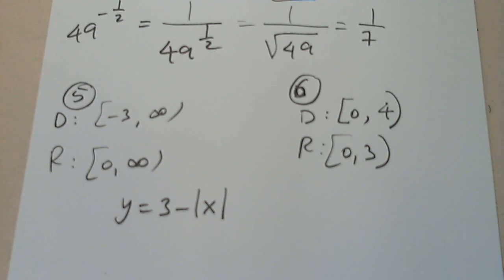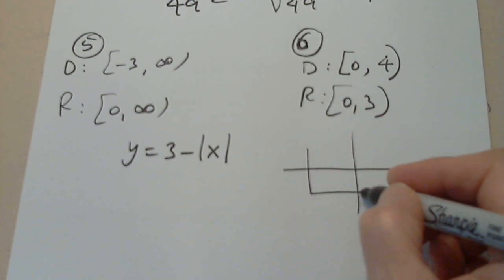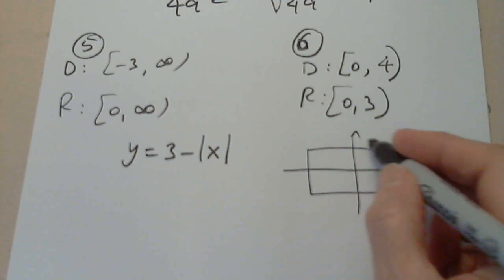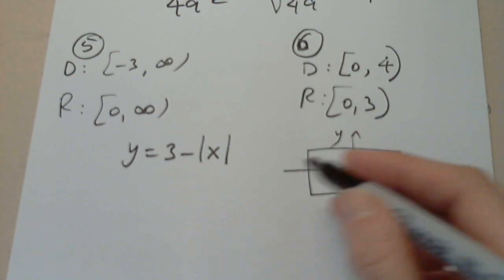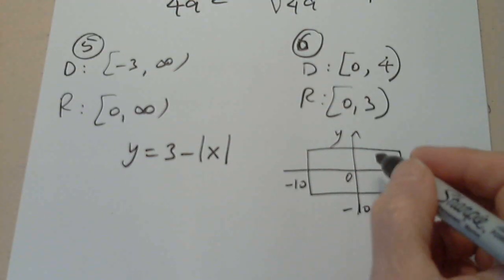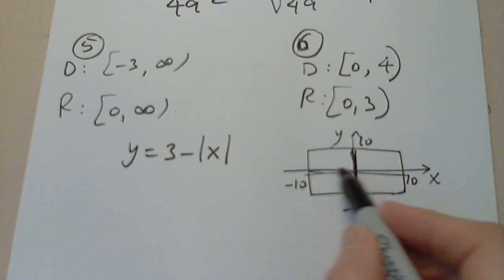Now, how do I use the so-called standard viewing window? Meaning, again, let me explain what the standard viewing window is. Sometimes the standard viewing window works, sometimes it does not. Depending on the function, you may have to adjust, but the standard is negative 10 to 10, negative 10 to 10. That's what it means.